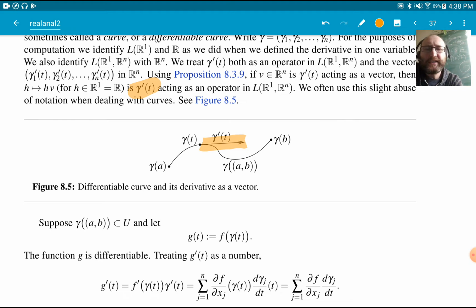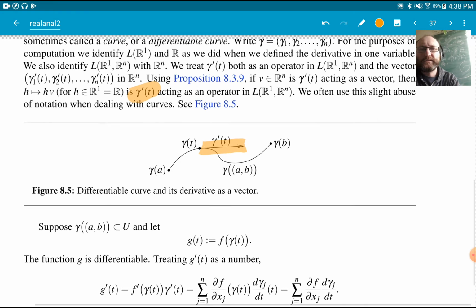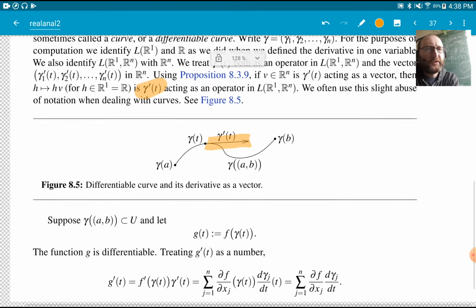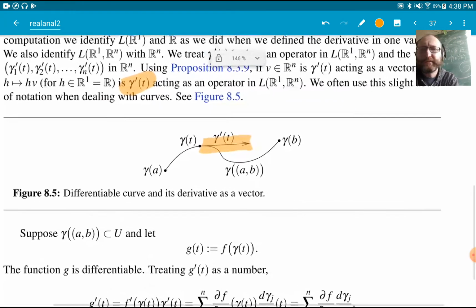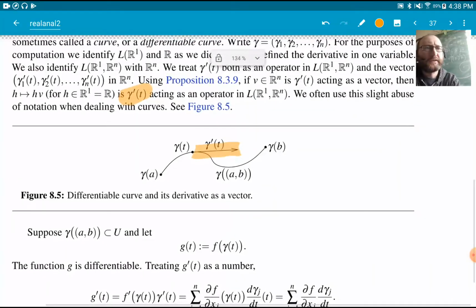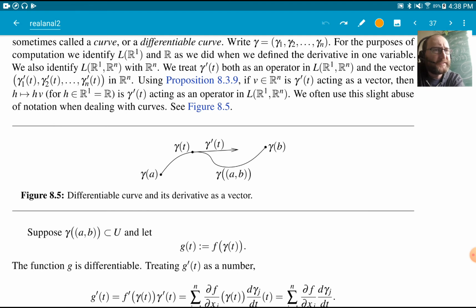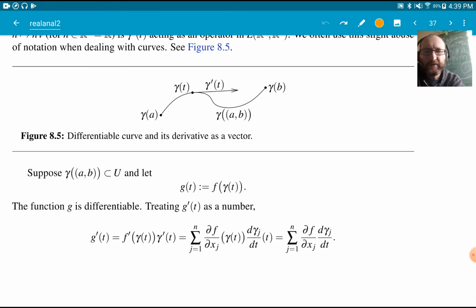You want to think of it as the tangent vector to this curve. It points along the curve. That interpretation as a tangent vector is sometimes used, right? As you're moving along, it's sort of telling you the direction in which gamma is moving, right?